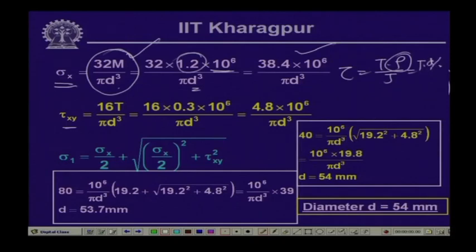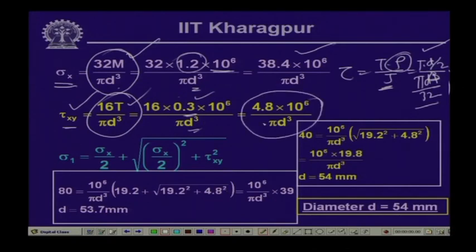So, T d by 2, and J is the polar moment of inertia, which is pi d^4 by 32. Then it becomes equal to 16 T by pi d cube. So, this is the shearing stress which is getting generated because of the twisting moment T. Here also, except d, all other parameters are known. The twisting moment is 0.3 kilonewton meter, and thereby tau xy comes as 4.8 into 10 to the power 6 divided by pi d cube.